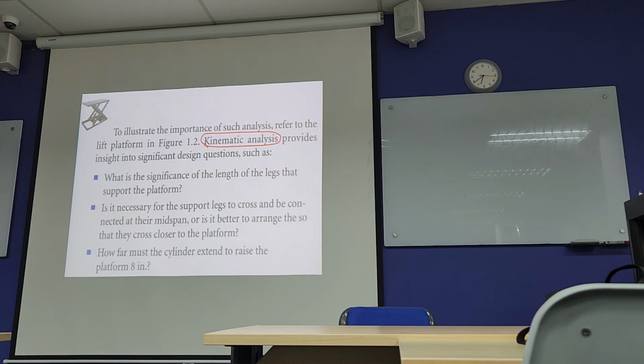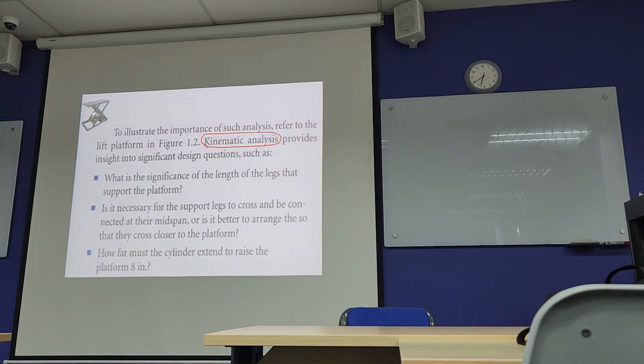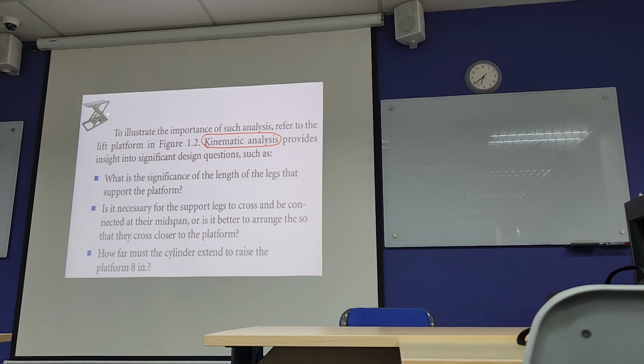table which can lift, okay, you can consider the significance of the length of the legs, okay, to support this platform, okay, and whether the legs need to be crossed or you can have vertical legs or the arrangement of the legs, the description, how the arrangement of the legs will influence the lifting, okay, and also how far must the cylinder extend to raise the platform, that is in some inches.